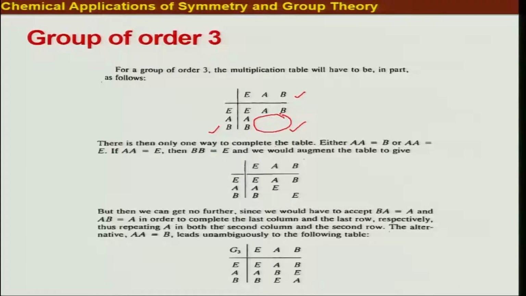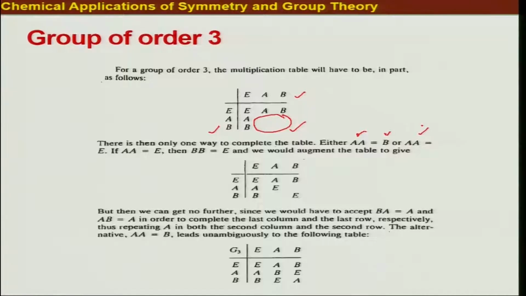We can do that only in one way. Now, suppose we choose that A followed by A is equal to B, or A followed by A equals E, which means A is its own inverse. Now, out of these two choices, if we take A followed by A is identity, then B followed by B also has to be identity.